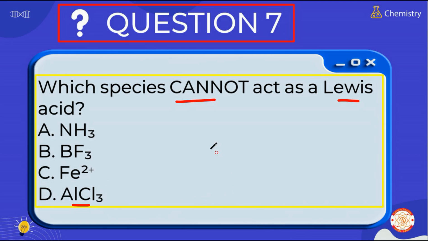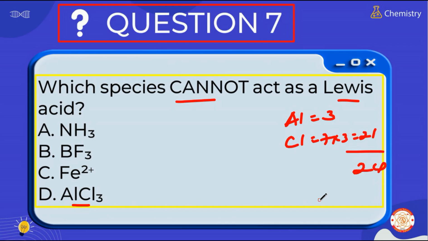To draw the Lewis structure, you have to know the number of valence electrons for each of these atoms. Aluminum has 3 valence electrons. Chlorine has 7. 7 times 3 is 21. Therefore, I have a total of 24. If you draw the Lewis structure, it becomes something like this. And then you'll have 6 around this.